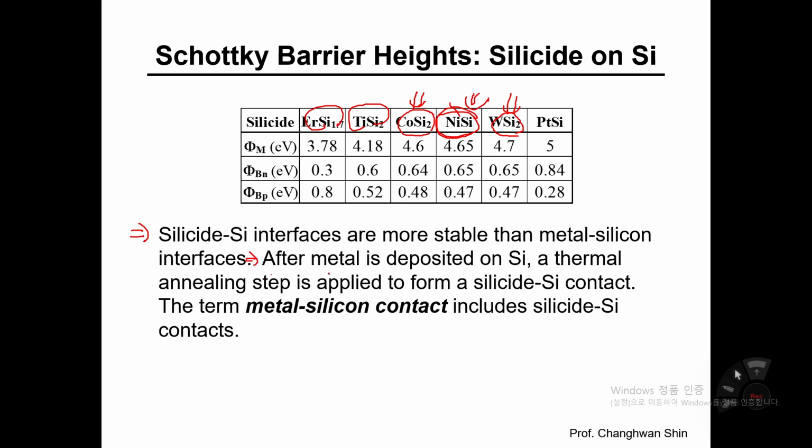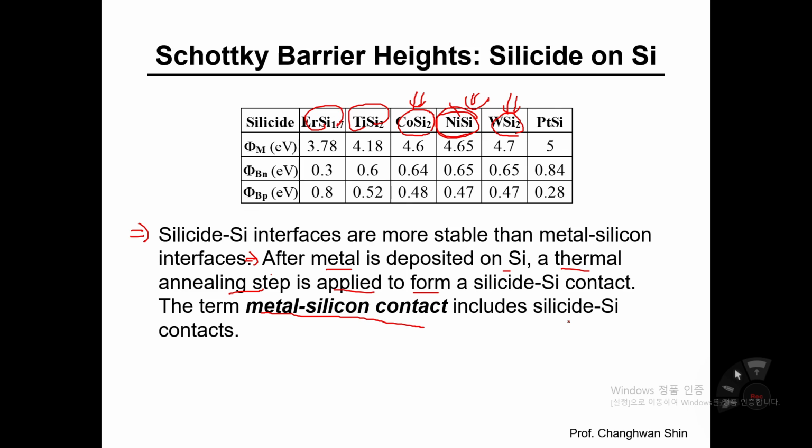As described in the second sentence, after metal is deposited onto silicon, a thermal annealing step is applied for what? Yeah, to form a silicide silicon contact instead of a metal silicon contact itself. The term metal silicon contact includes what? Silicide silicon contact. So from now on, I'm going to say metal silicon contact, including silicide silicon contact.